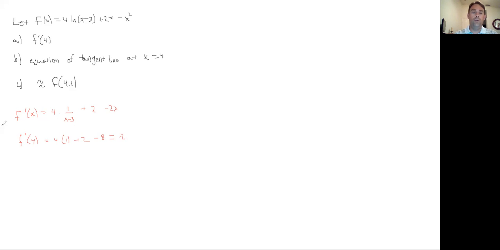So if I'm going to do part B where it says find the equation of the tangent line, I already know what the slope is now. It's negative 2. What I don't know is what was the original value. So 4 times the natural log of 4 minus 3. Well, 4 minus 3 is 1. The natural log of 1 is 0.